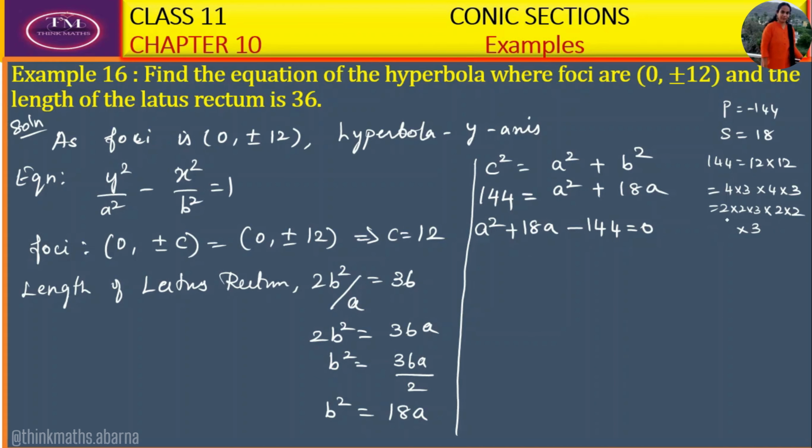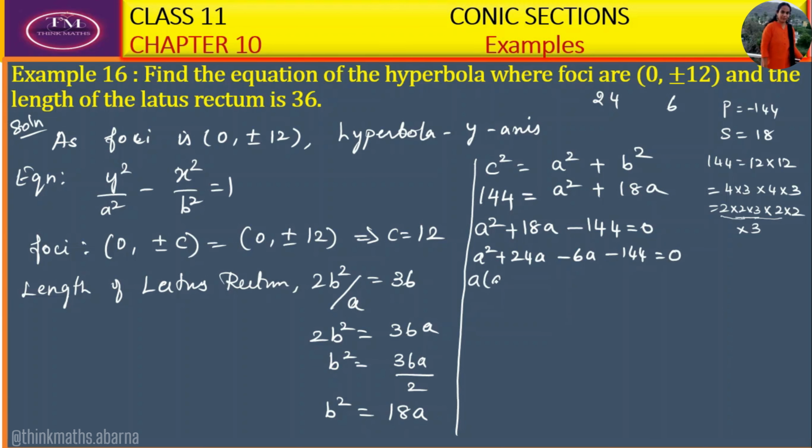So if you see here, 2 2s are 4, 4 3s are 12, 12 doesn't make it, so we can take another 2. So 12 2s are 24, remaining is 6. So if you check 24 and 6, the difference is 18 and 24 into 6 is 144. So you can write it as a square plus 24a minus 6a minus 144 equal to 0.